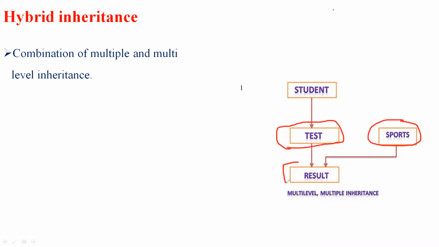So the result of a particular student will depend on academic activities as well as co-curriculum activity. This is the best example of hybrid inheritance, which is a combination of both multi-level inheritance and multiple inheritance.